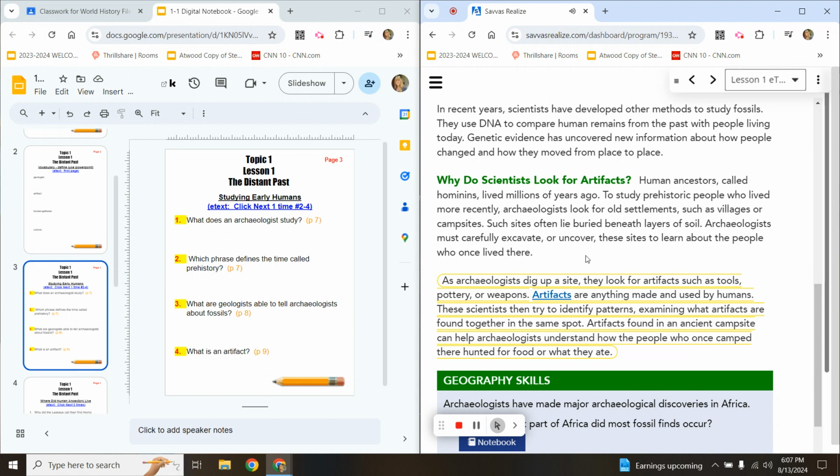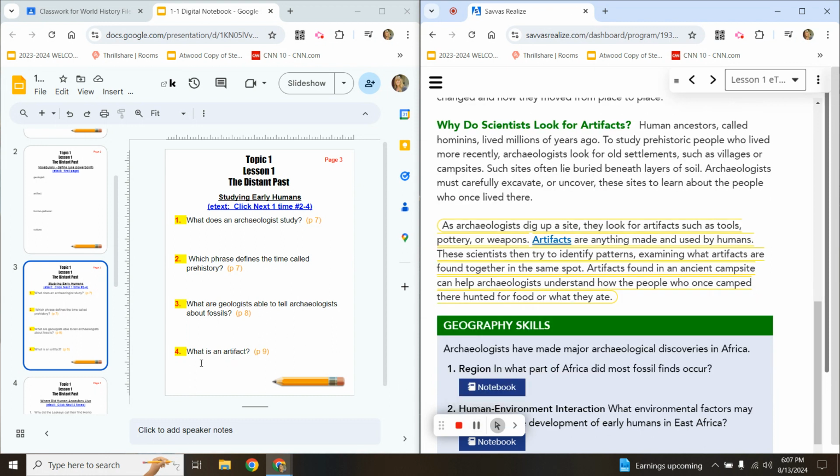As archaeologists dig up a site, they look for artifacts such as tools, pottery, or weapons. Artifacts are anything made and used by humans. These scientists then try to identify patterns, examining what artifacts are found together in the same spot. Artifacts found in an ancient campsite can help archaeologists understand how the people who once camped there hunted for food, or what they ate.